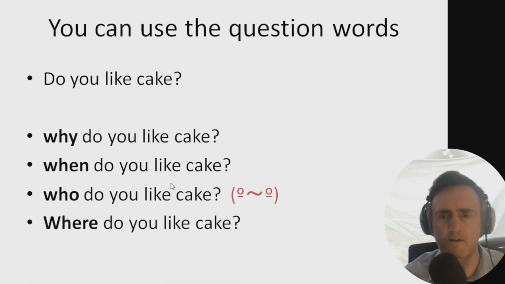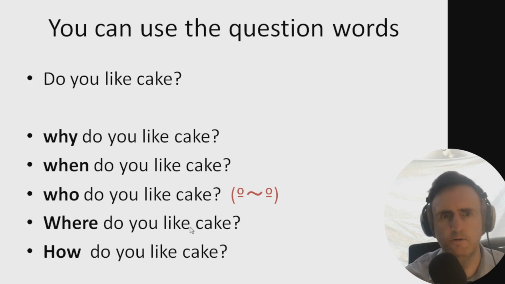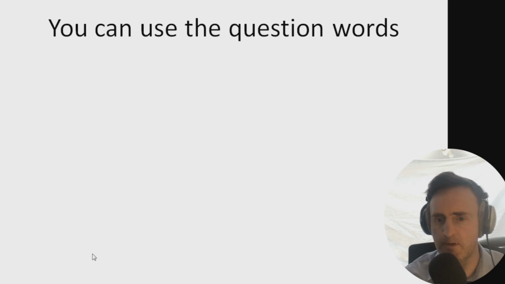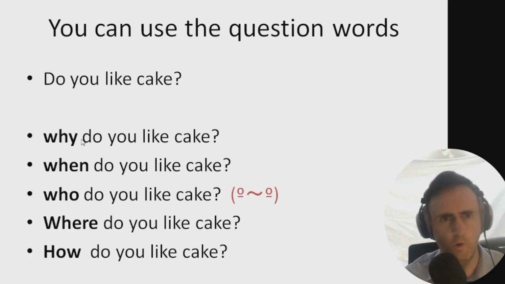Where do you like cake? That's also a bit of a strange wording, but where do you play football would make more sense. And how do you like cake? Bit of a strange one. You might say, how do you like to travel on the plane? And yes, I forgot what again.